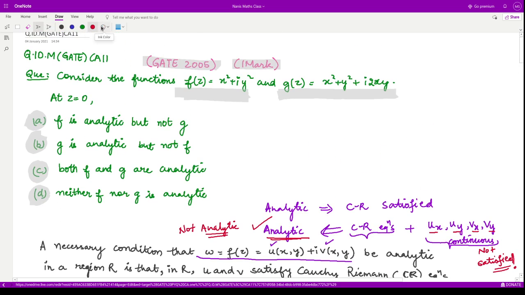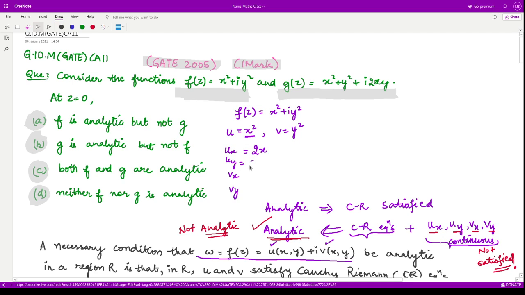Here we are given the function f(z). This is given to be x square plus iota y square. So what is our u? u is x square, and v is y square. Accordingly, let us first calculate ux, uy, vx and vy. ux, the partial derivative of this function with respect to x, is 2x.